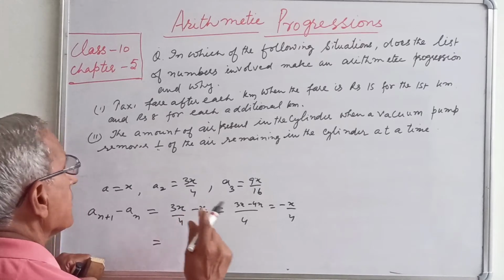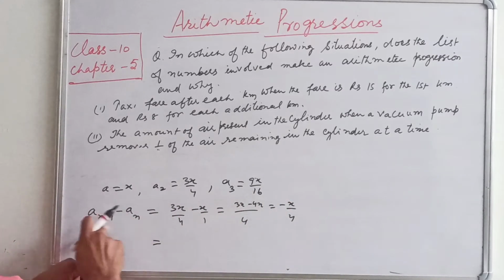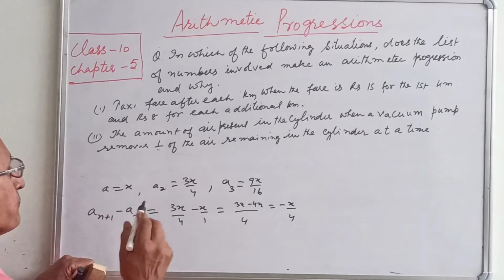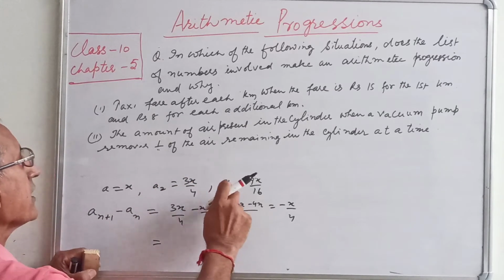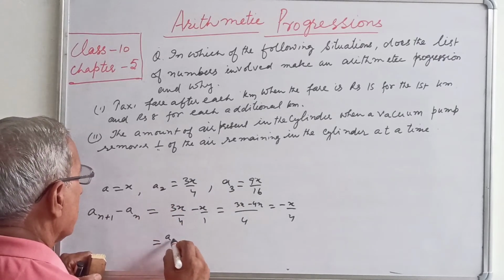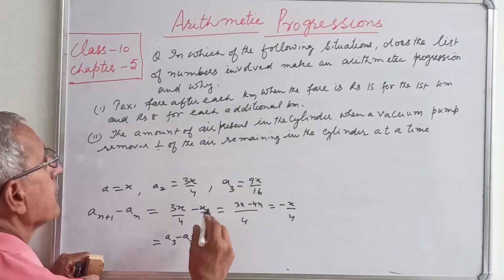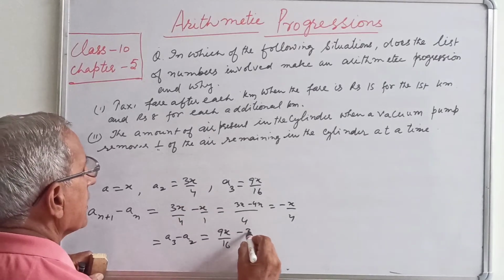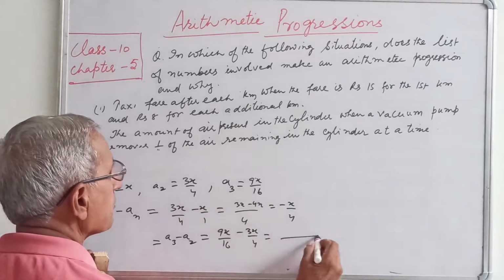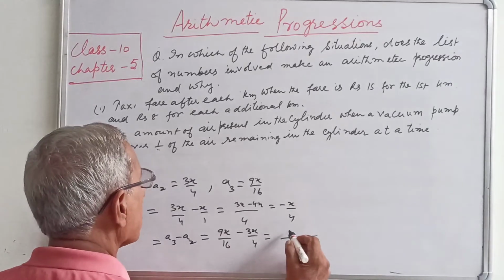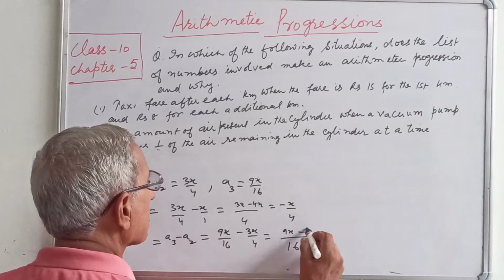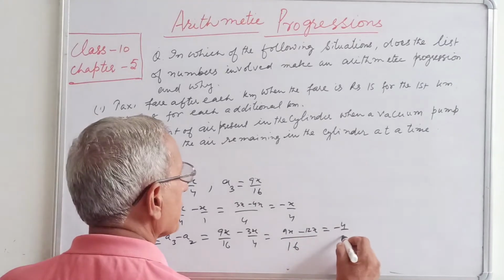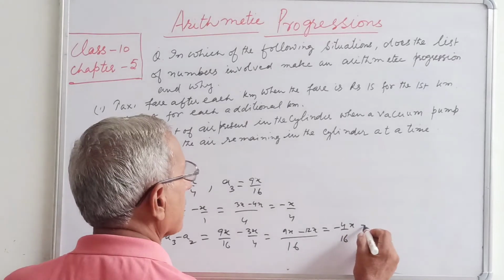So this is the first difference between the two successive terms, a2 minus a1. Next, we take a3 minus a2, that is 9x/16 minus 3x/4. LCM is 16, so 9x minus 12x, that is minus 4x/16.